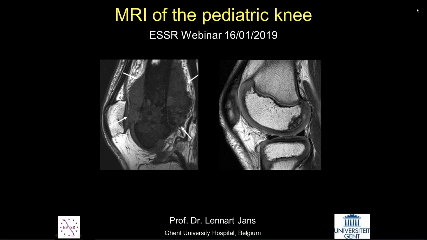Well, CRMO is quite a typical entity. So in these patients, we will see that there is bone marrow edema in the metaphysis on multiple sites, especially at the time of initial presentation. So these patients come in because they still feel sick, they feel at unease, and at that time, MRI might not be the first imaging modality.